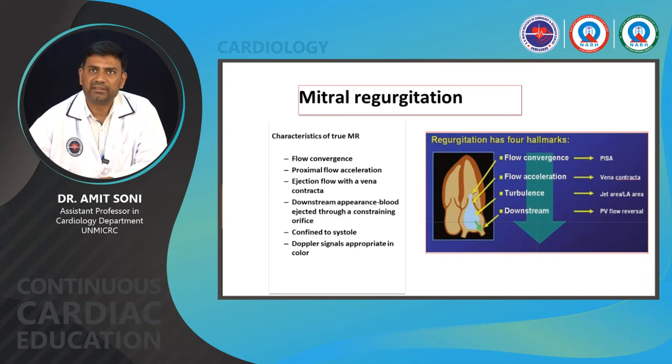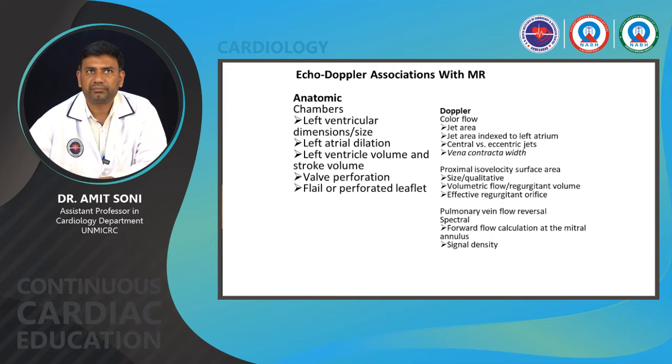Flow convergence is assessed by the PISA method, flow acceleration by the vena contracta, turbulence by the jet area or LA area, and downstream by pulmonary vein flow reversal. So the characteristics of true MR are flow convergence, proximal flow acceleration, ejection flow with a vena contracta, and downstream appearance, with blood ejected through the constraining orifice and confined to systole. Doppler signals appear in color.